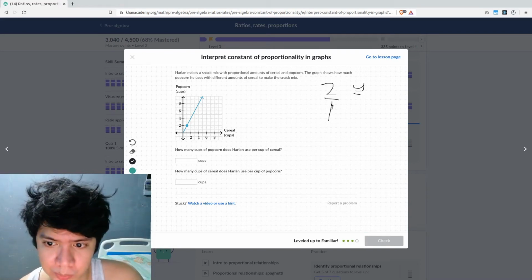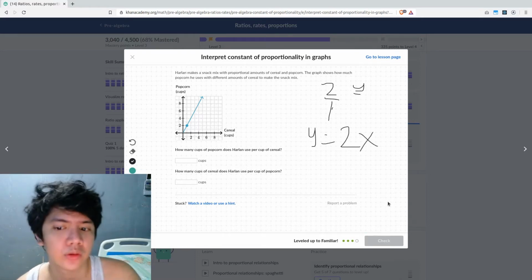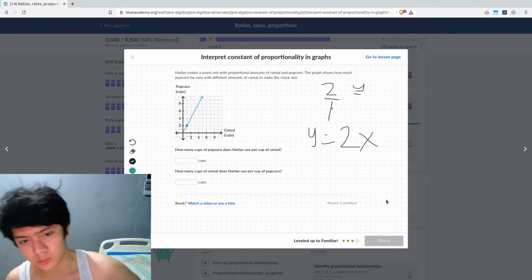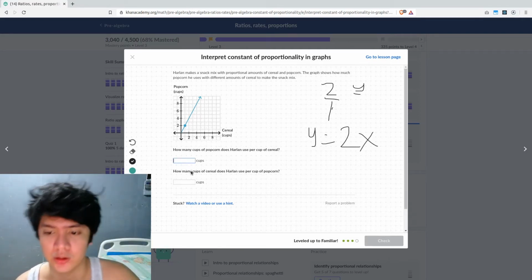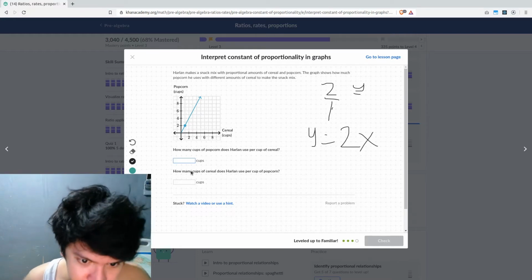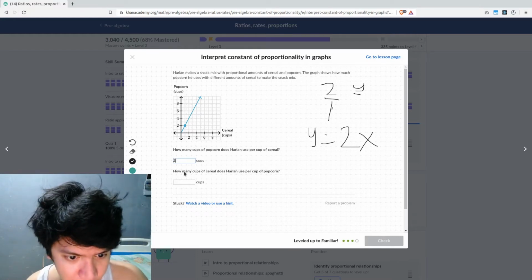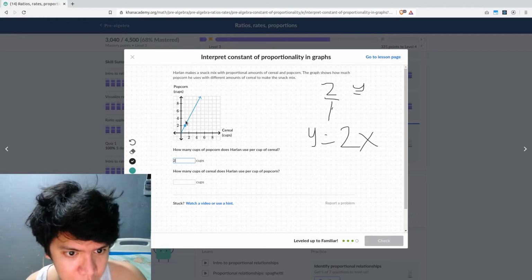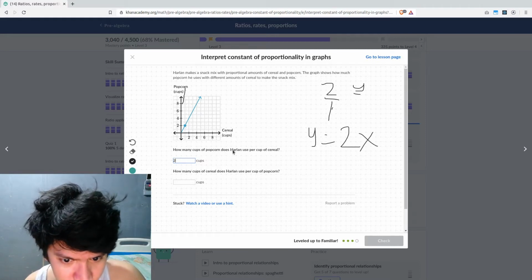So it's our constant of proportionality, or just 2, like y equals 2x. How many cups of popcorn does Solomon use per cup of cereal? We have 2 per cup. Alright, it's 2 cups.